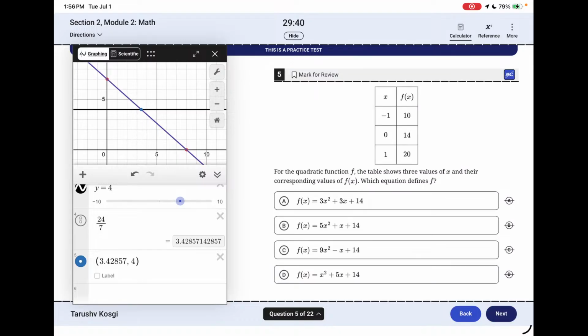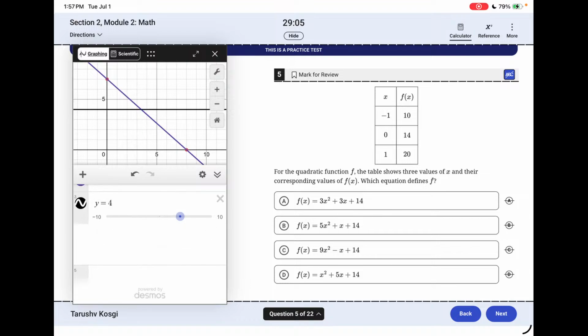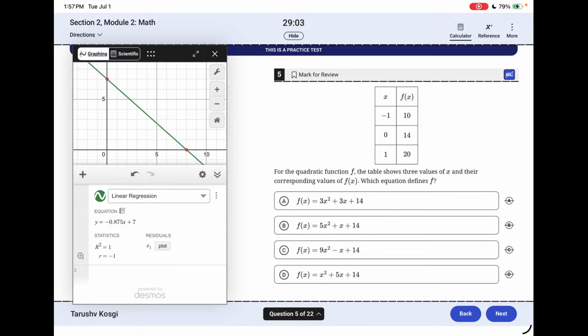Never mind. Okay, a quadratic function f, a table shows 3 values of x and their corresponding values of f. Alright, for the quadratic function f, so here we're gonna just easily do this right here.